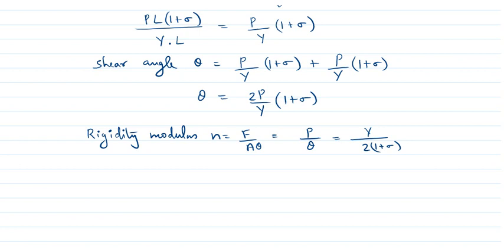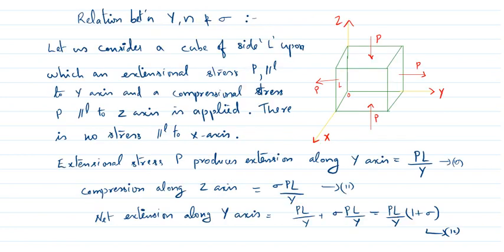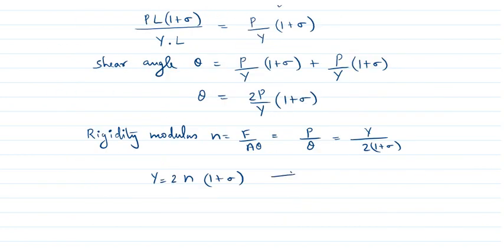This is the final equation, equation number 13, connecting Young's modulus, rigidity modulus and sigma.